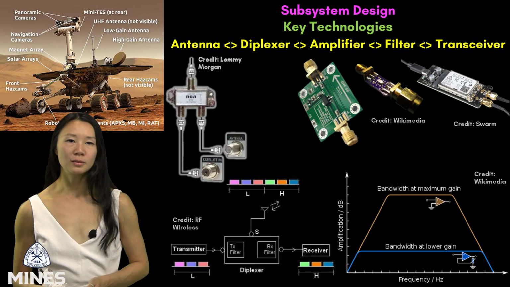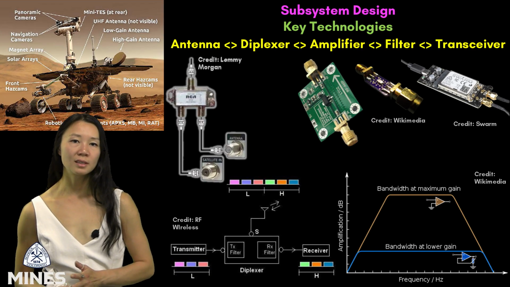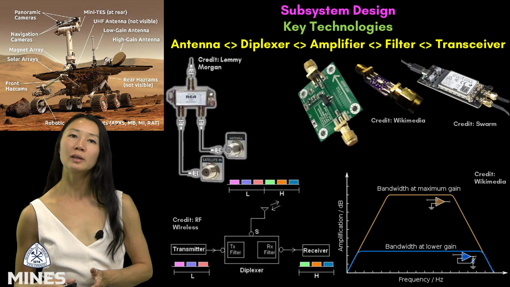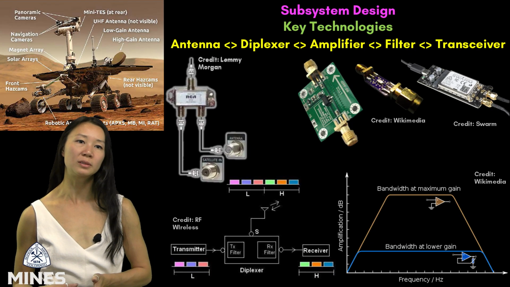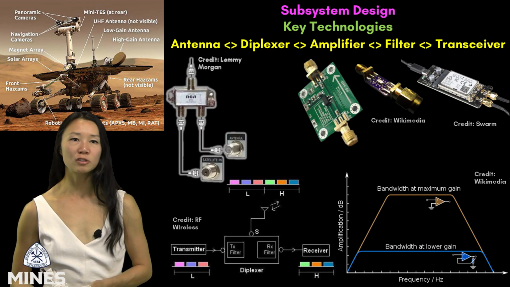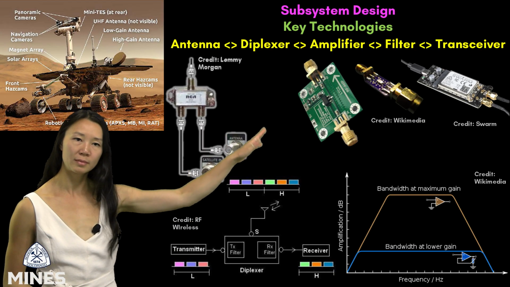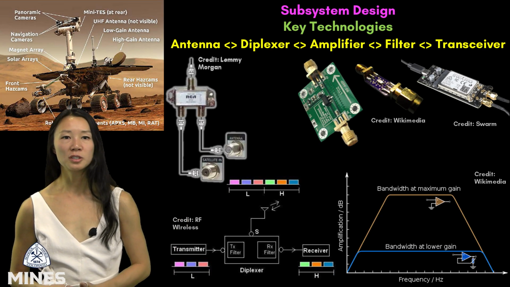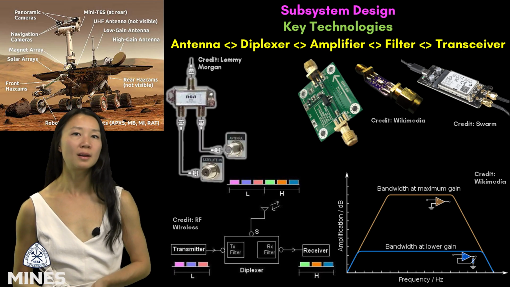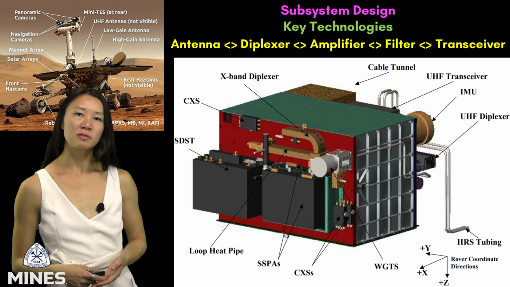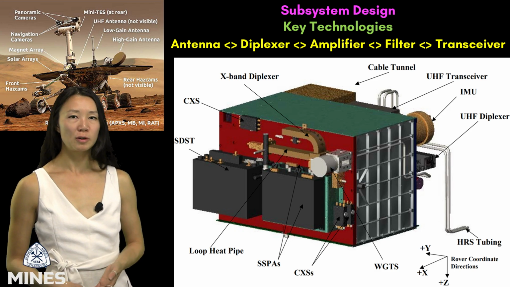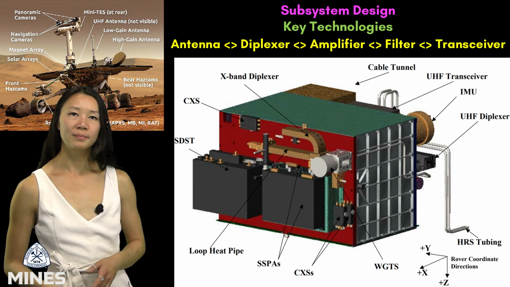Filters are used to remove unwanted frequencies. They are crucial for rejecting interference and noise, ensuring only the desired signal passes through to subsequent stages. Finally, all of these processed signals lead to the transceiver, pictured on the top right, either for final transmission or for conversion back into a digital signal for processing by the robot's onboard computers. On the Mars exploration rovers, components like those get integrated into the rover electronics module within the rover.